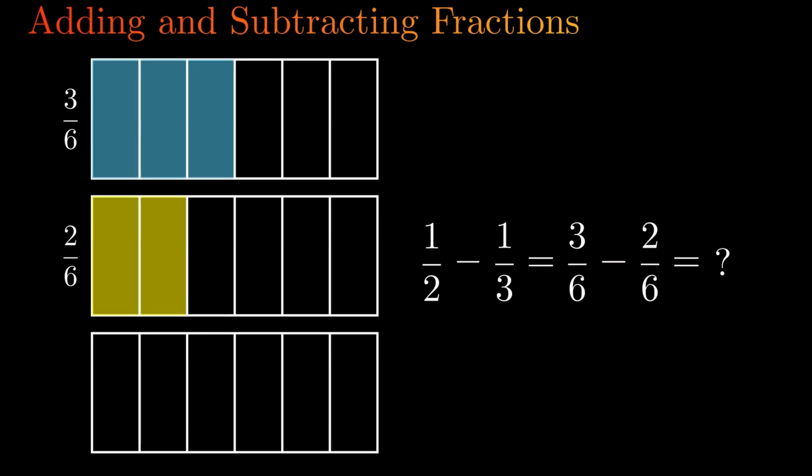Instead of adding the tops, we subtract them. 3 slices take away 2 slices leaves us with 1 slice. And just like before, the denominator stays 6 because the slice size didn't change. So 1/2 minus 1/3 is 1/6. Match the bottoms, subtract the tops.